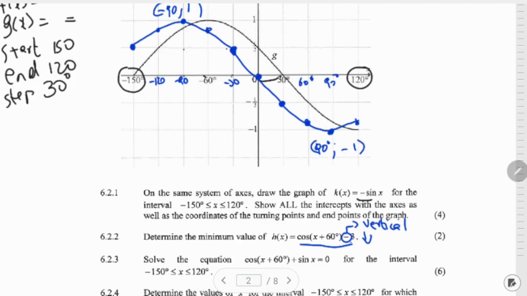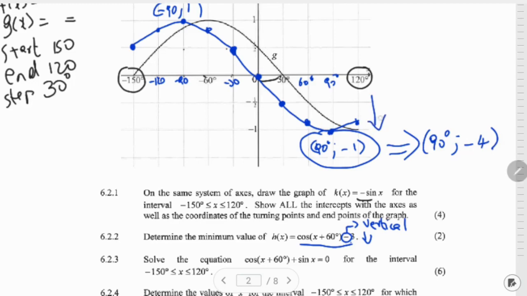Let's check. Originally, our minimum is this one here. What will then be a minimum after we shift these 3 units down? So x will remain the same because we are shifting y here, and then y will move from -1. -1 minus 3 will then be -4.